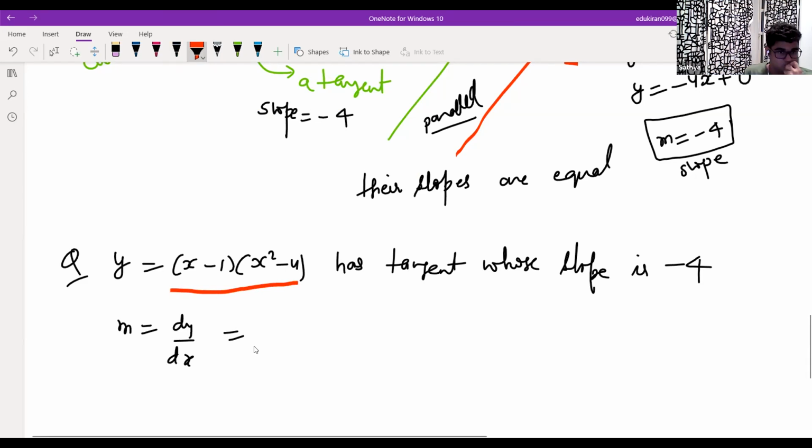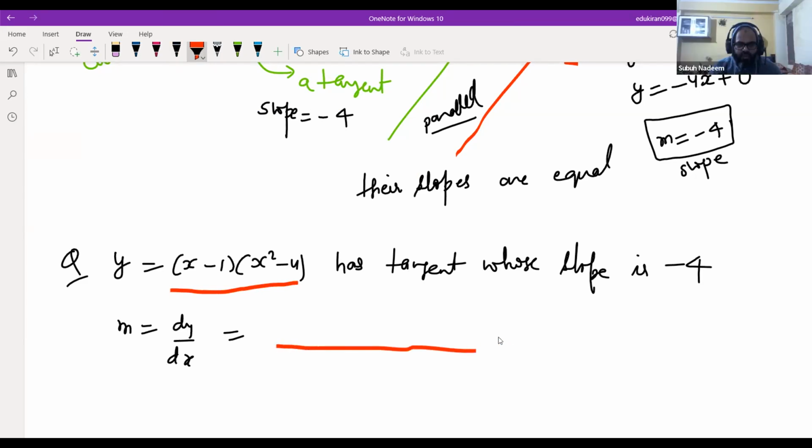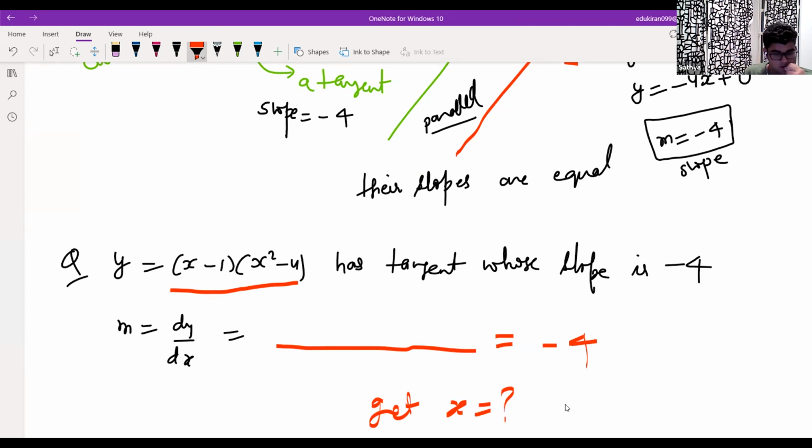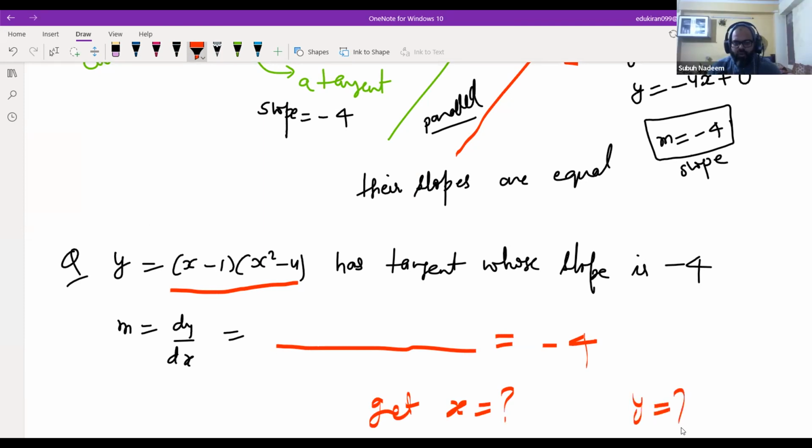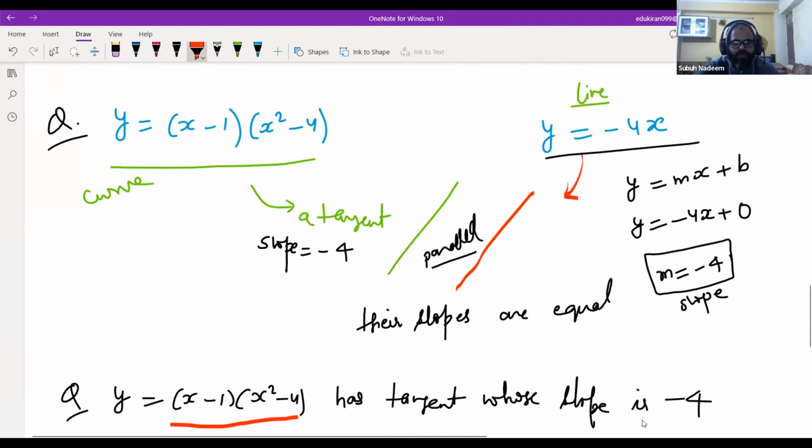When you differentiate it, you equate it to minus 4, and you'll get the value of x. After getting x, put it back in the equation of the curve and get y also. So that will give you the point. So can you try it now? First write it down, then try it. This is the reduced question.